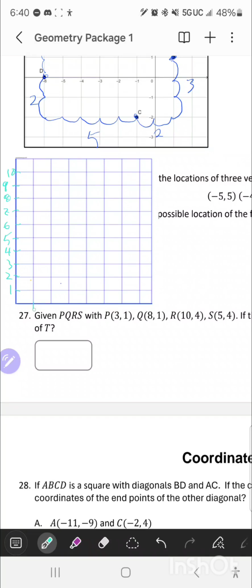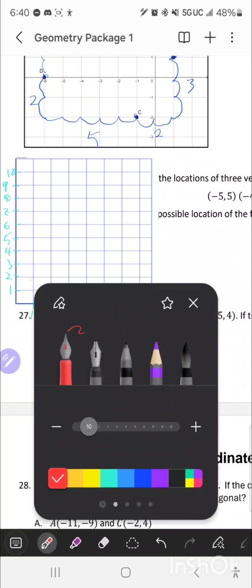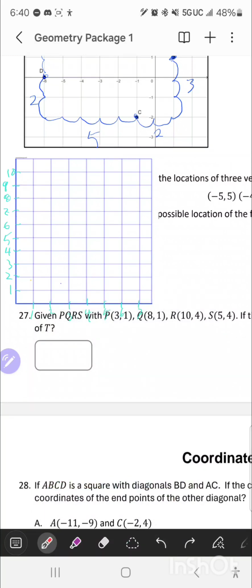And this is 1, 2, 3, 4, 5, 6, and 7. So the coordinate for P is 3, comma 1. So here I need to do the red. So 3, comma 1 here.